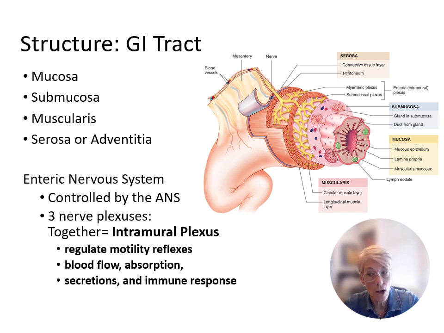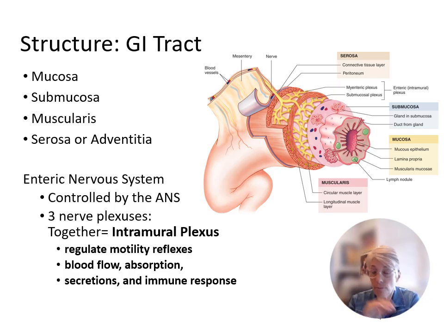So neurons forming the enteric nervous system, the ENS, are located solely within the GI tract and are controlled by local and autonomic nervous system stimuli. So we have the enteric nervous system comprised of 3 nerve plexuses located in different layers of the GI wall.